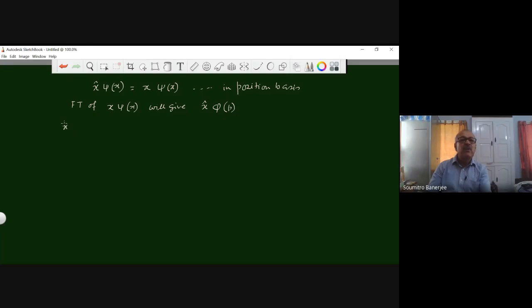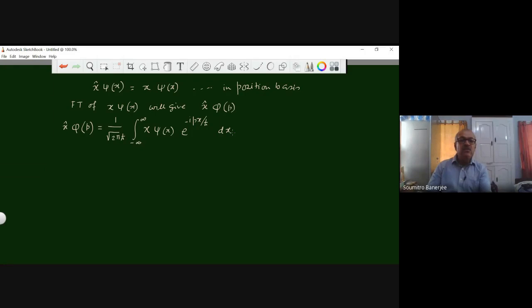So x operator in p basis acting on phi(p) is then the Fourier transform of this. So it is 1 by root over 2 pi h cross, integral minus infinity to infinity, x psi(x) e to the power minus i p x by h cross dx.